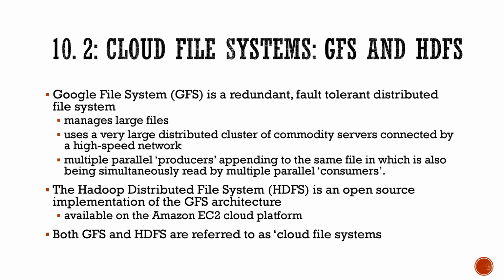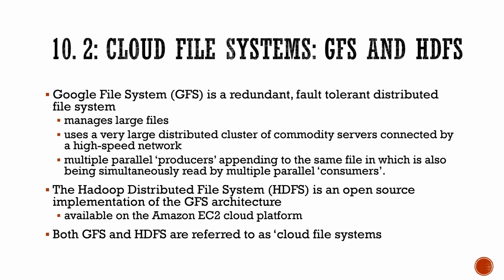Cloud file systems. Probably the most popular file system for cloud-based systems is the Google File System, or GFS. It's redundant, it's fault-tolerant, and it is a distributed file system typically used for managing large files.